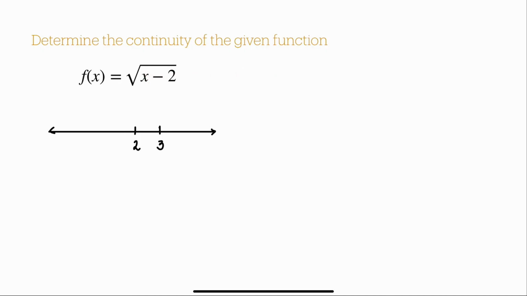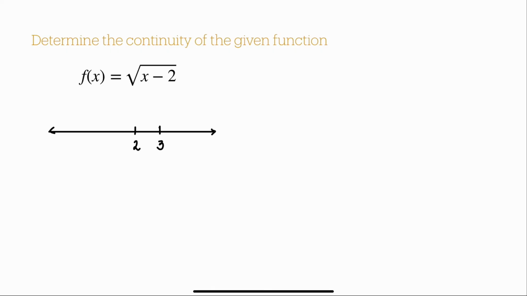As you go higher, it would still be positive. So meaning all values of x greater than 2 will make this defined, continuous. But if you choose a number that is less than 2, say for example 1 or even 1.5, this radicand here becomes negative. And so f of x would be imaginary.